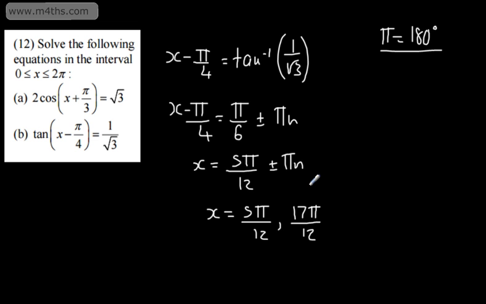If I added another multiple, that would take me to 29 pi by 12, which is clearly outside the interval. And if I subtracted pi from that, it would take me now to negative 7 pi by 12, which again is outside the interval. So as you can see, these are slightly more challenging with the fractions, and perhaps I should be better with my fraction work. But again, I'll put it down to making a video.